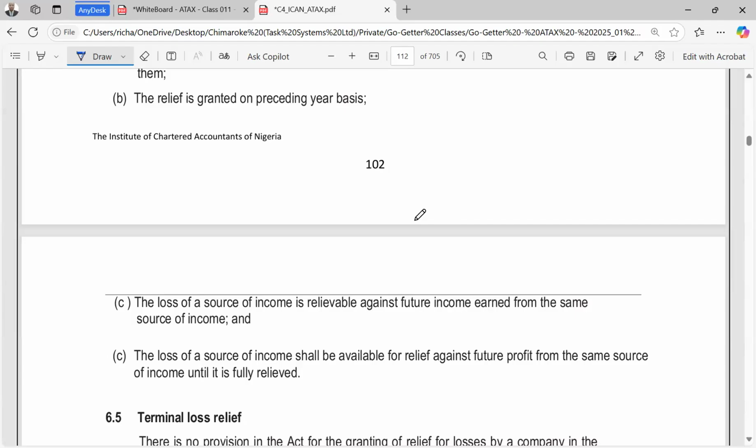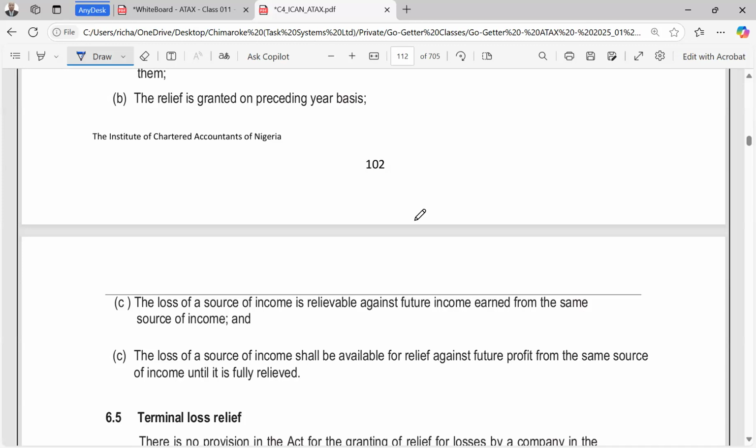The last one says the loss of a source of income shall be available for relief against future income from the same source of income until it is fully relieved. So you'll be relieving it from that same line of business until you finish relieving that loss.